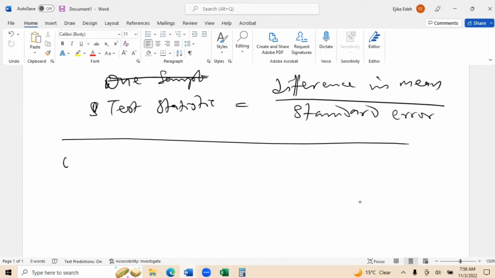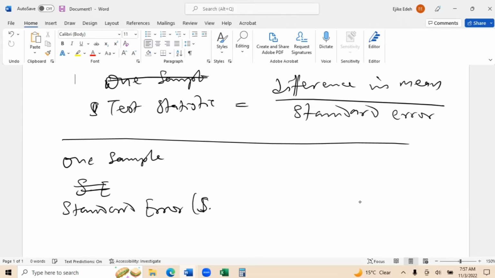So for one sample, our standard error, I'm going to be using SE, okay? Let me write it in full and then abbreviate it. Our standard error is equal to the sample standard deviation divided by square root of n, right?